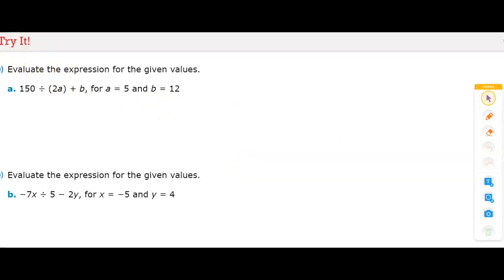Let's look at Try It. Evaluate the expression for the given values. Part A. 150 divided by the quantity 2 times A plus B, for A equals 5 and B equals 12.